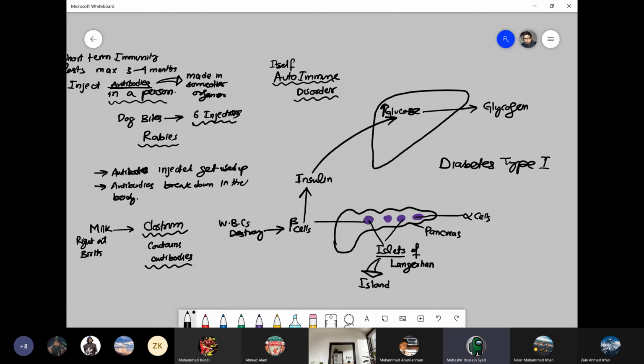The steroids' job is not to suppress the immune system. There are special drugs that suppress the immune system, called cyclosporins. They are not steroids. They suppress the immune system. We'll talk about them in grade 9 inshallah, when we talk about the kidney transplant.